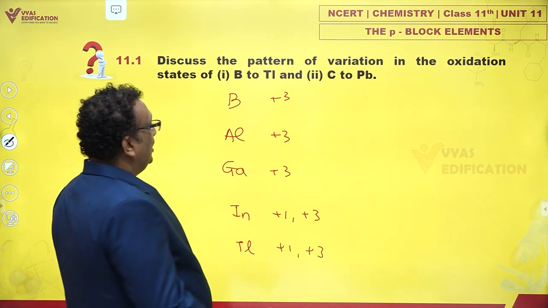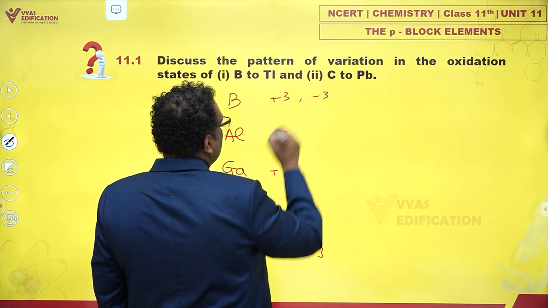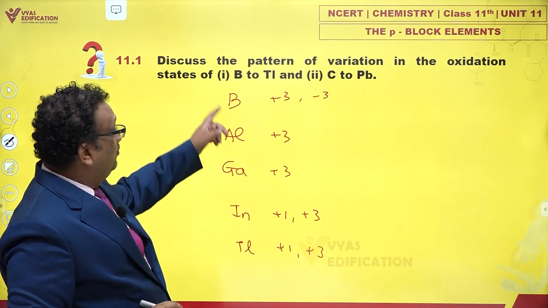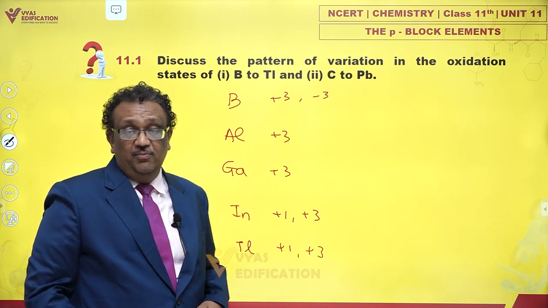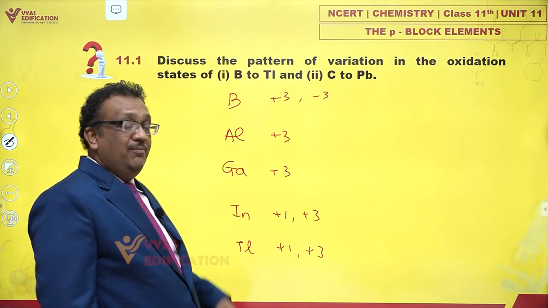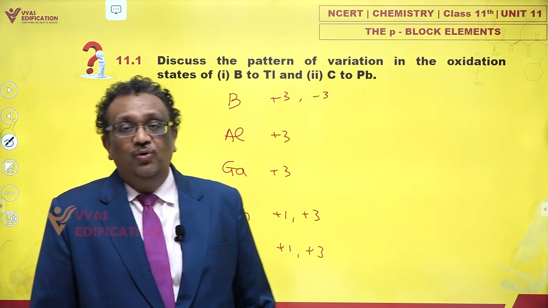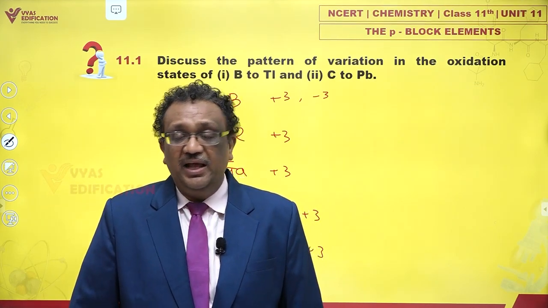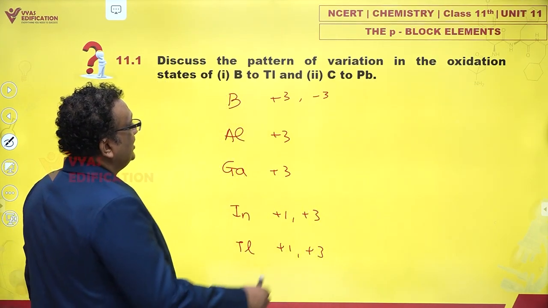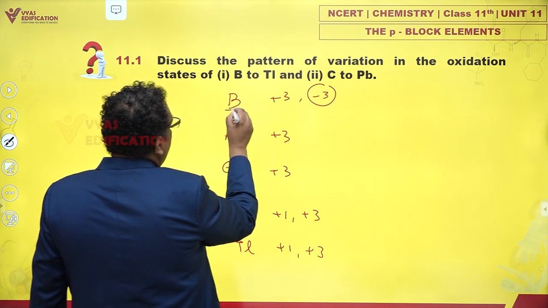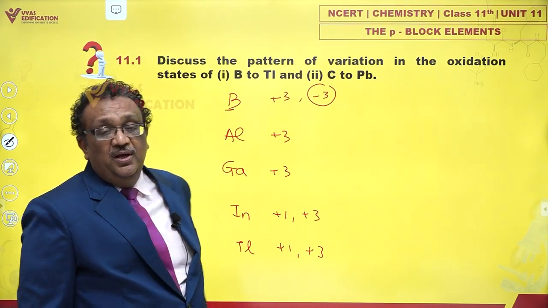Boron also shows a rare state of -3, which is not shown by others. Why? Because boron is a non-metal, while aluminium to thallium are metals, and metals never show a negative oxidation state. So -3 of boron is visible only because boron happens to be a non-metal.